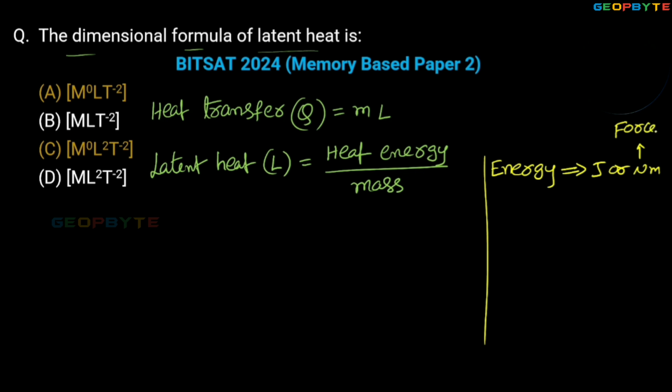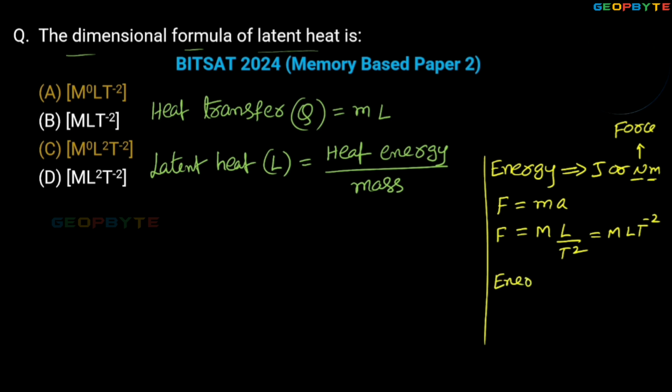Newton is the unit of force, and meter is the unit of distance. As you know, force F equal to M into A, acceleration L by T power 2. It is equal to M L T power minus 2, the dimensional formula for force. But energy equal to what? Product of force and distance.